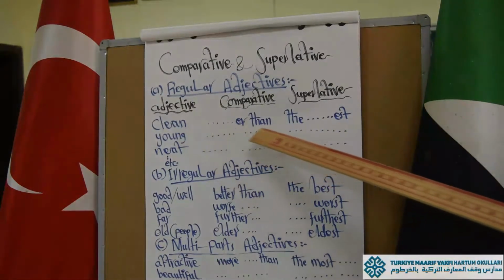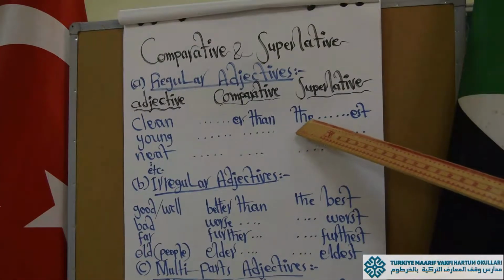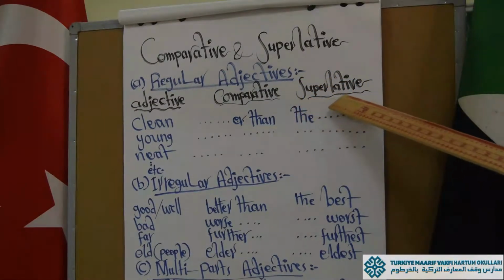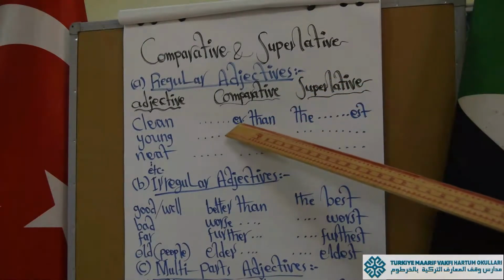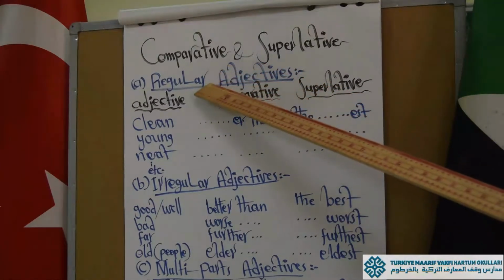The same adjective, but we add est at the end. Don't forget to use the cleanest if there are more than two things, and cleaner than if there are only two things, which we call a comparative.